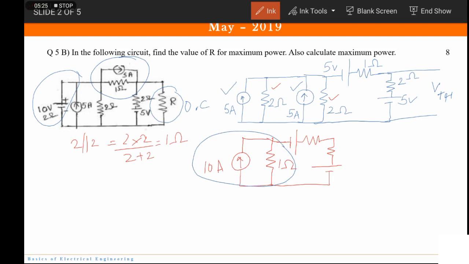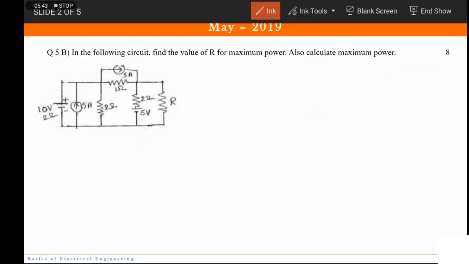Okay, so what will be the voltage source? It will be 1 ohm with 10 volts, right? So it is 10 volts and 1 ohm. Okay, so now my circuit would be ready. So I'll erase everything and now I'll be making my final circuit.